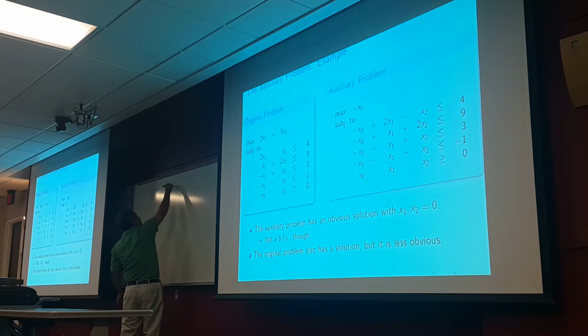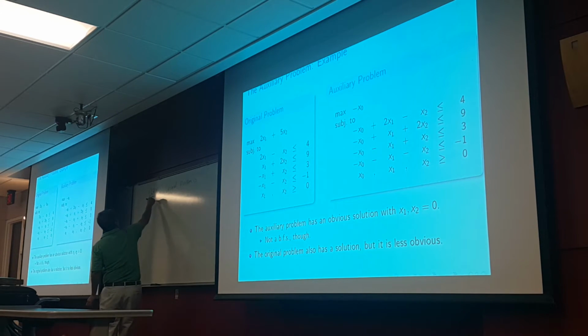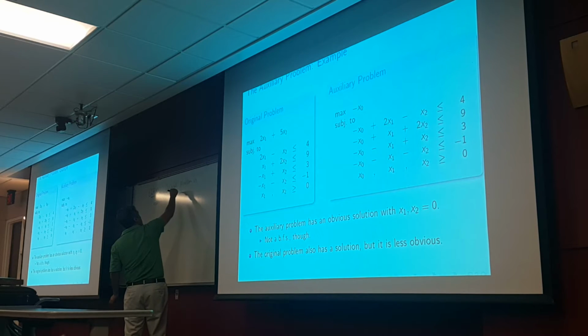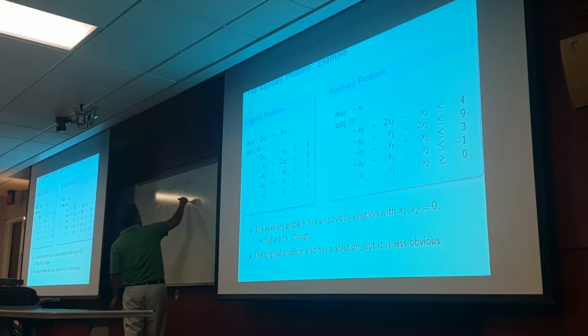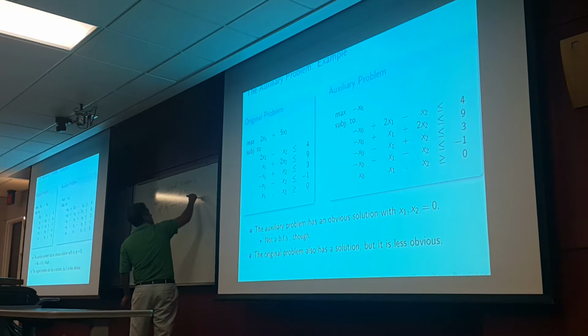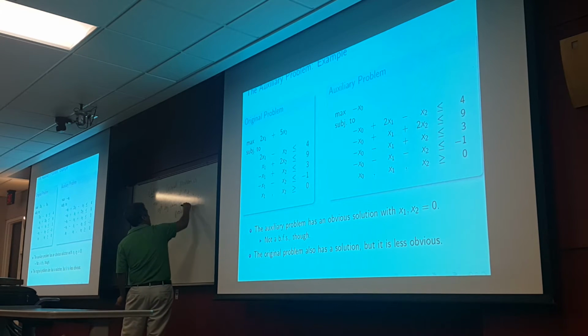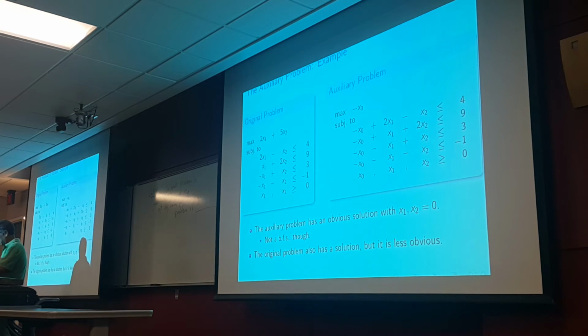Okay, so the claim is that the original problem is feasible if and only if the optimum objective value for the auxiliary problem is, okay, so the auxiliary problem being this problem where you're trying to maximize negative x0.